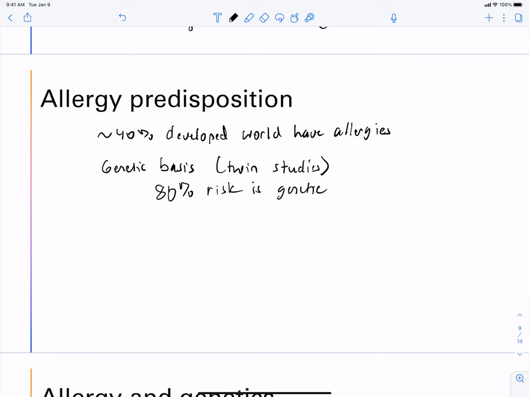And it's inherited, not the type of allergy. It's only the risk. So one twin might have hay fever and the other twin might have asthma, for example. And there is a higher prevalence of allergy, of course, in developed countries. There's been a lot of proposals about why that is, such as the hygiene hypothesis and things like that.